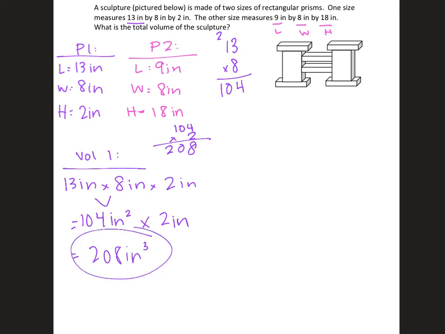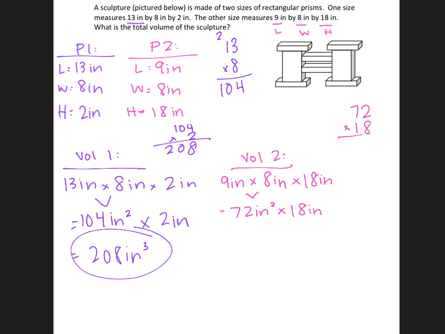Okay, volume 2. Again, I'm going to use that formula, 9 inches times 8 inches times 18 inches. Okay, 9 inches times 8 inches is going to give me 72 square inches times 18 inches. Okay, so when I multiply that, 72 times 18, 8 times 2 is 16, 8 times 7 is 56, plus 1 is 57.